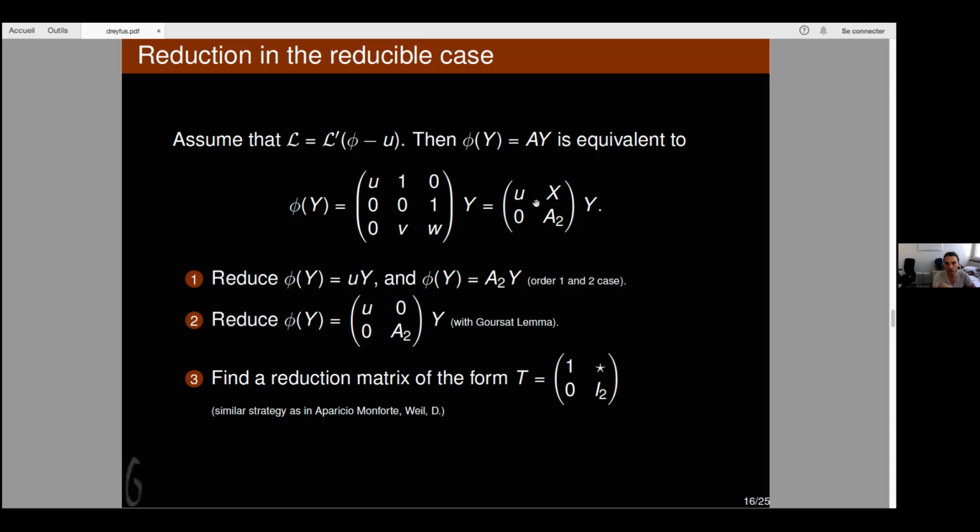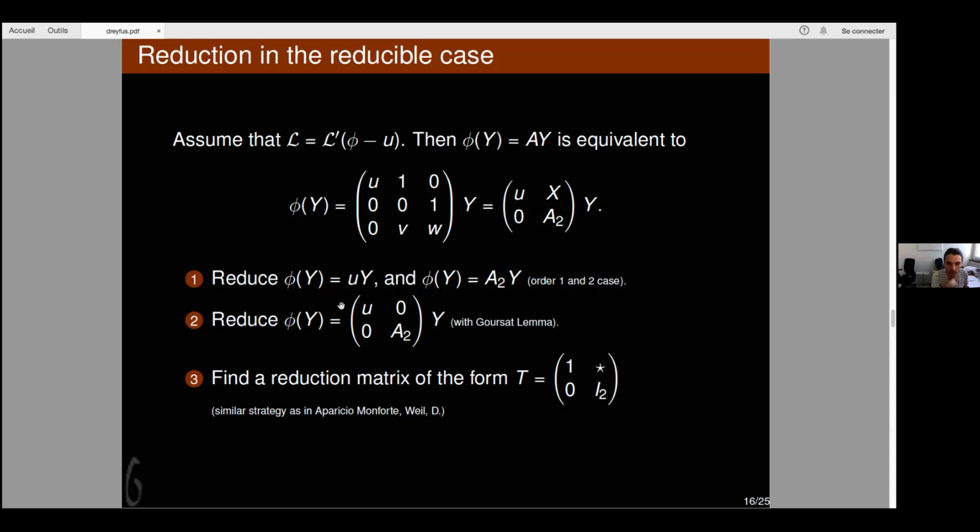So I reduce the order 1 equation as this order 2 equation. So as I explained before, the order 2 case was already handled. So let's assume that it's possible to reduce this equation. By reduce, I mean finding the gauge transformation that puts this system into the Galois group, and the same for the other one.